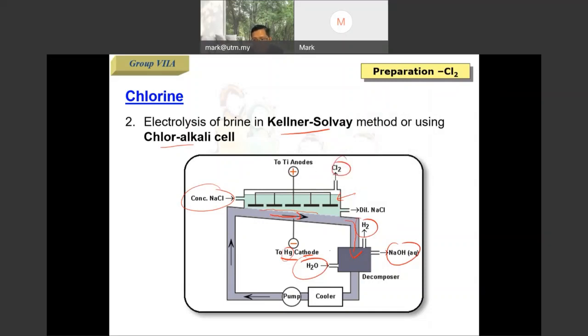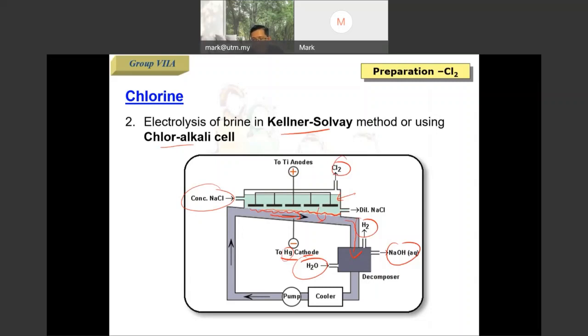One important thing to take note of is that, as you can see, there is a membrane. The membrane separates the ions. It allows the sodium ion to flow into the cathode chamber, but the chlorine gas is not able to.